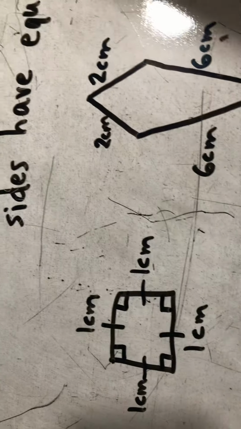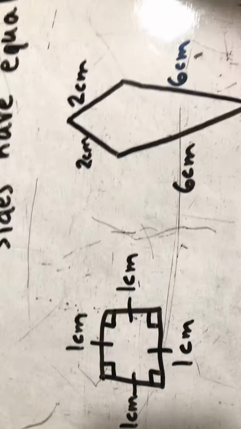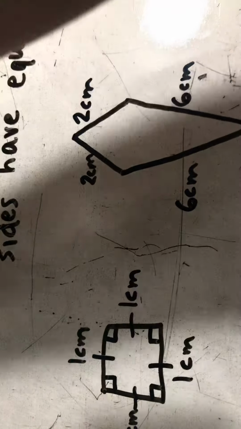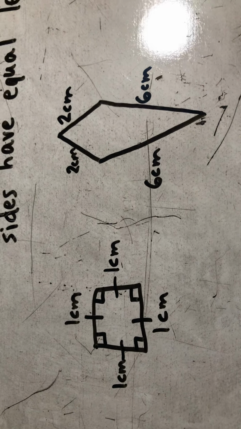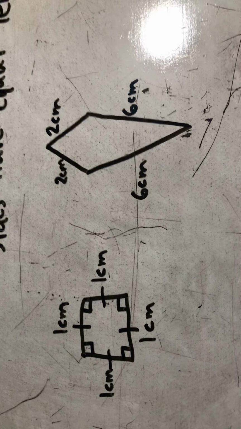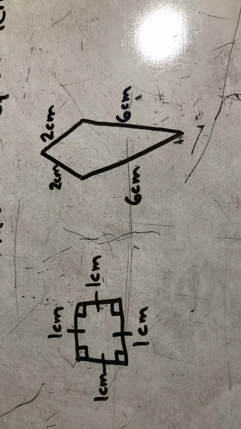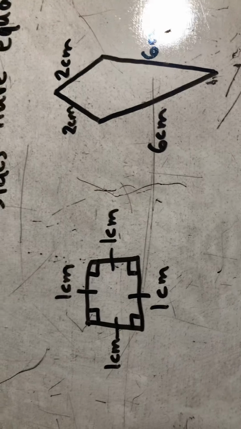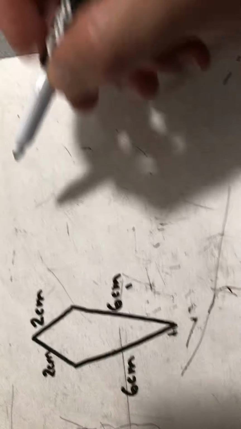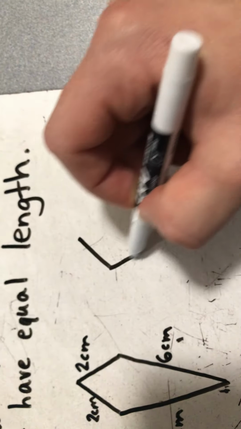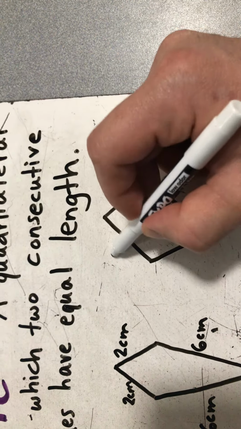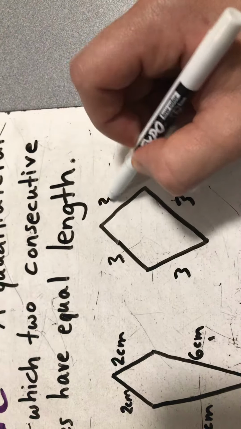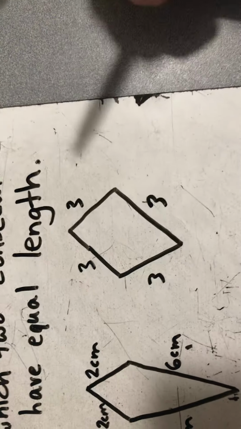So in the math world, all squares are indeed kites. And all rhombuses are also kites in a sense. Because if it's a rhombus, say the sides are all 3, 3, 3, and 3, that's a rhombus.